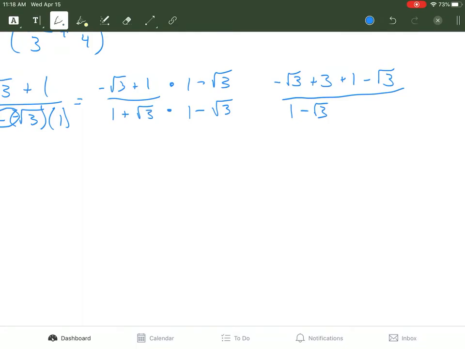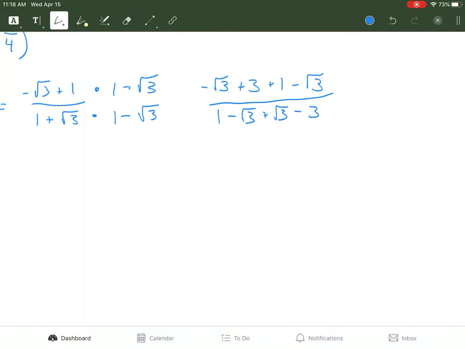Root 3 times 1 is positive root 3. And then root 3 times negative root 3 is negative 3. Okay, if we simplify this, on the top you're going to get 4 minus 2 root 3. On the bottom, like the conjugate was designed to do, these two terms will cancel themselves out. You'll be left with negative 2.